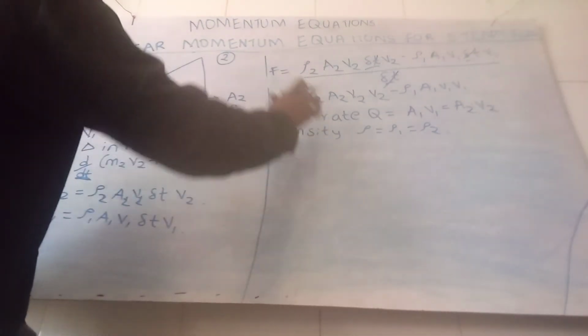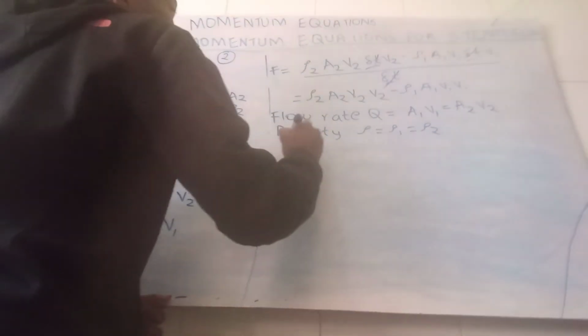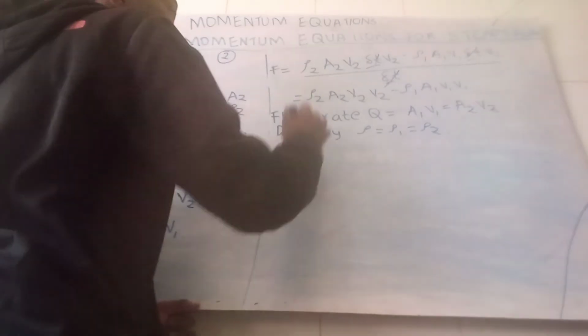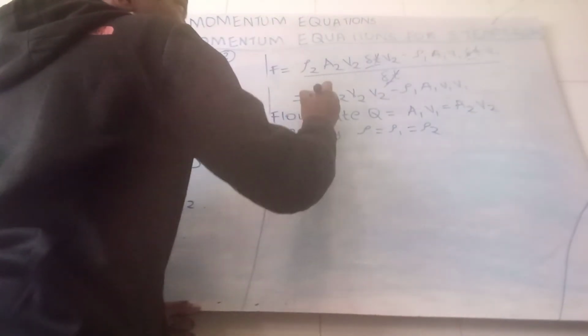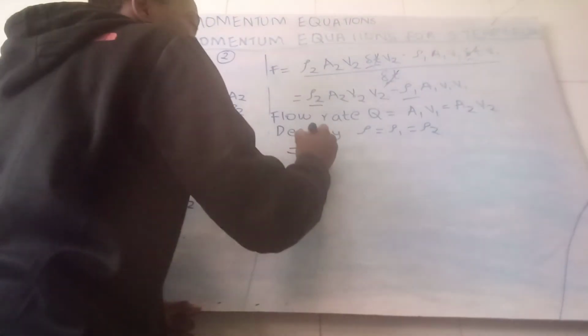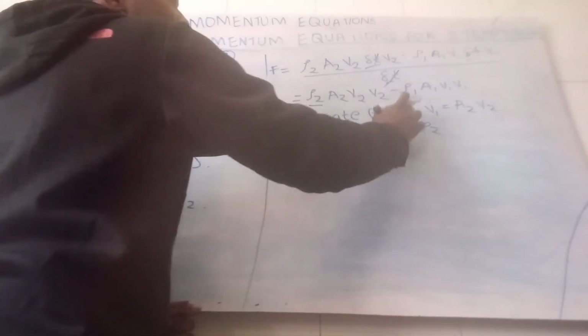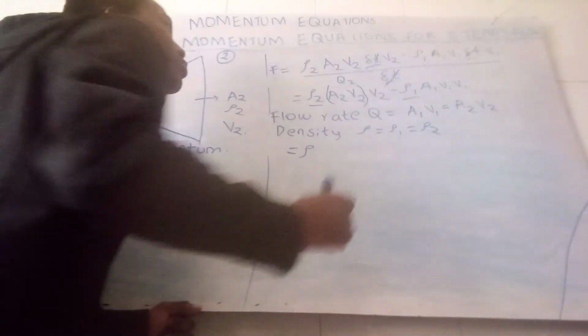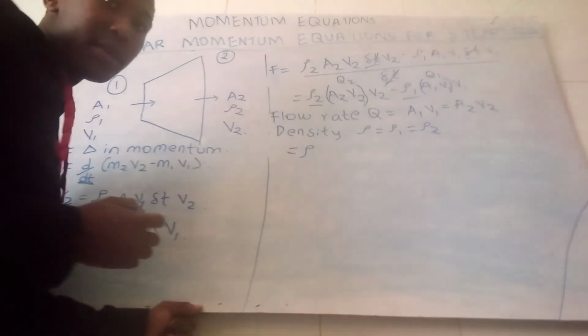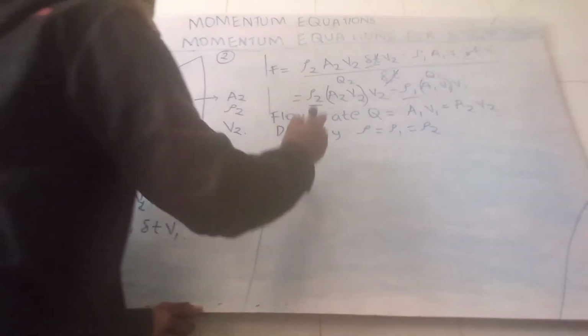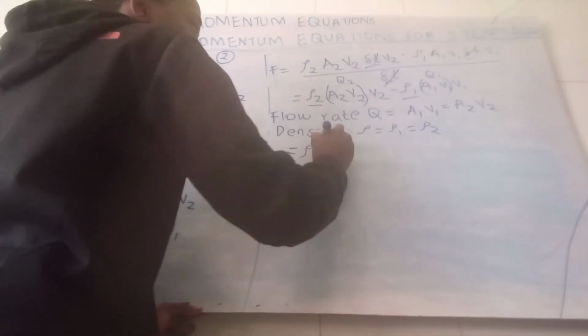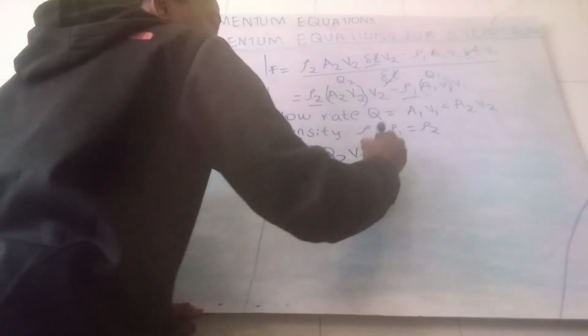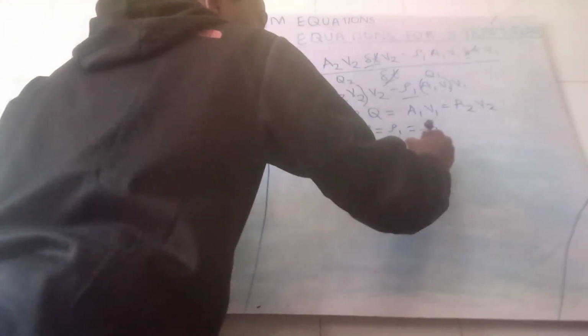With that, we substitute into our equation, and we shall have density, then Q, A1 V1 and A2 V2. At this point, that is my Q2, and at this point, that is my Q1. But because they are similar, if I rewrite it, I shall have density Q2 V2 minus density Q1 V1.